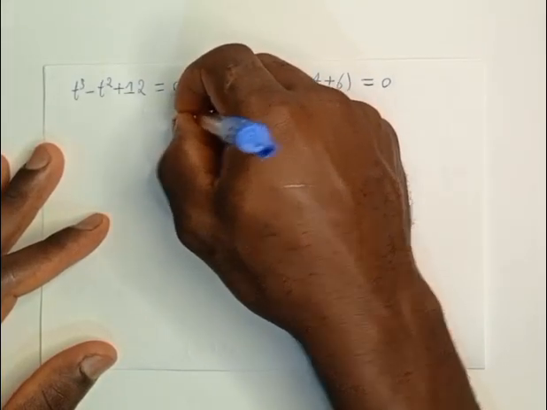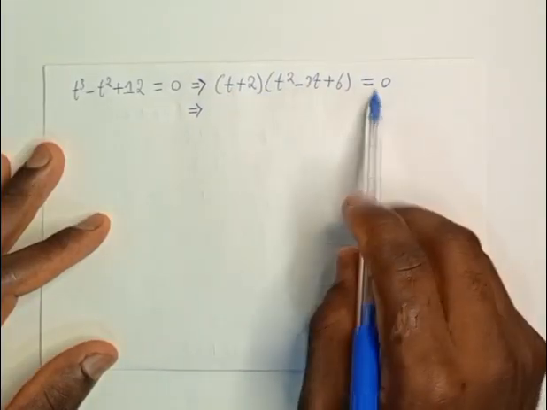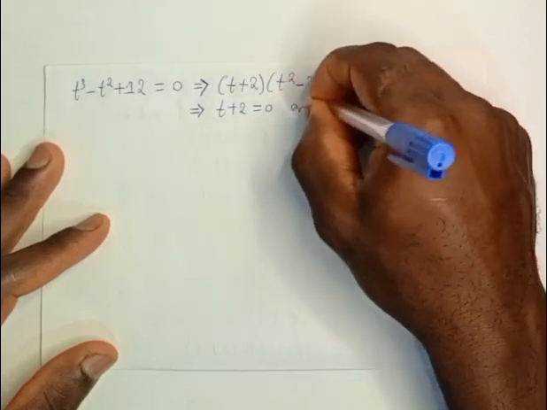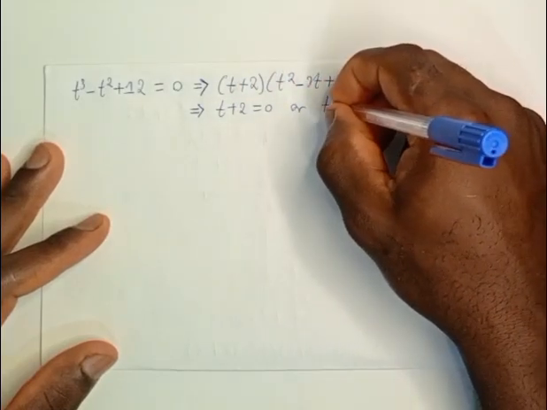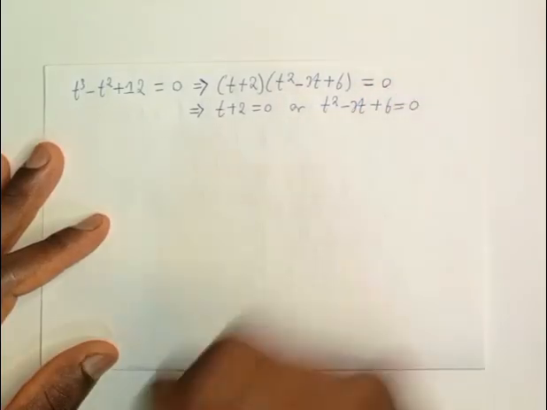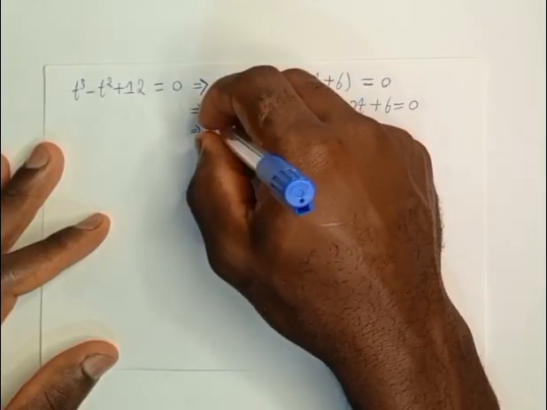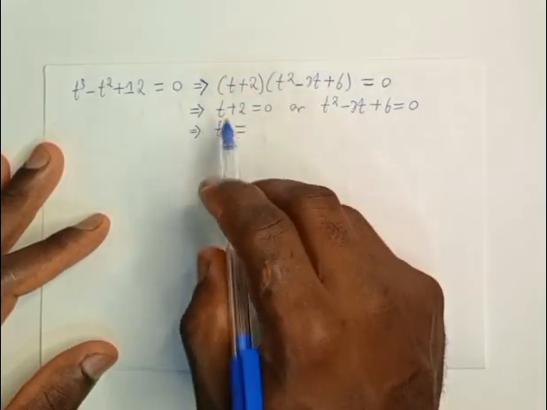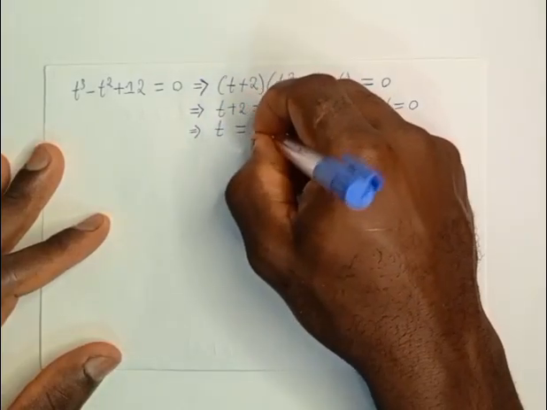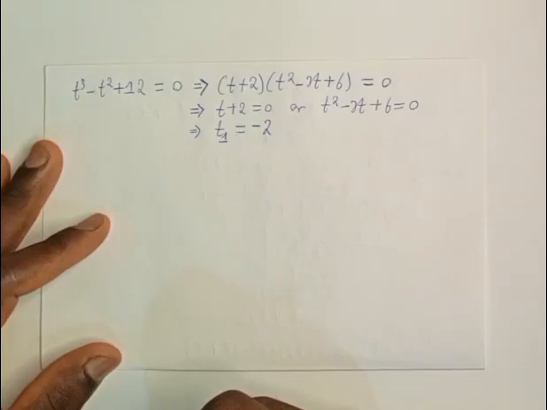This is the same as, if this product is equal to 0, it simply means either t plus 2 is equal to 0 or t squared minus 3t plus 6 is equal to 0. Then here t will be equal to, if you solve for t, we transfer 2 to the right hand side, becomes negative. Gives us our t1, the first solution, to be negative 2.